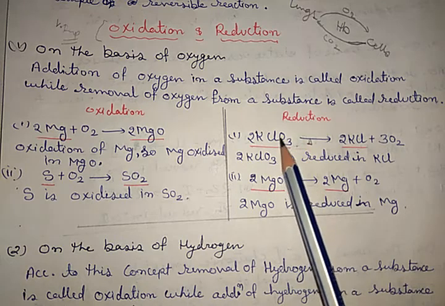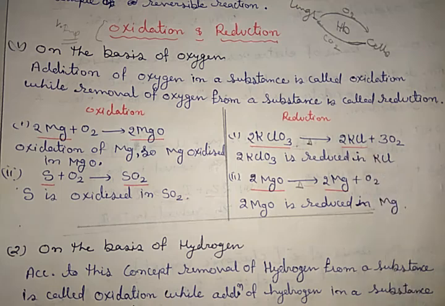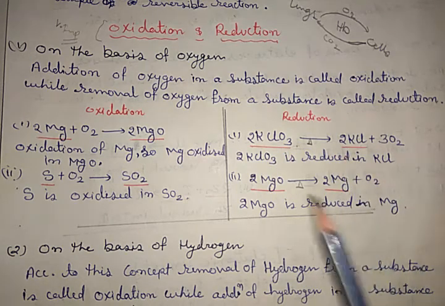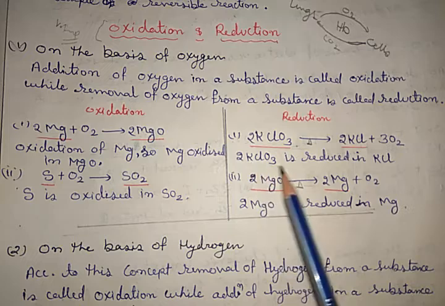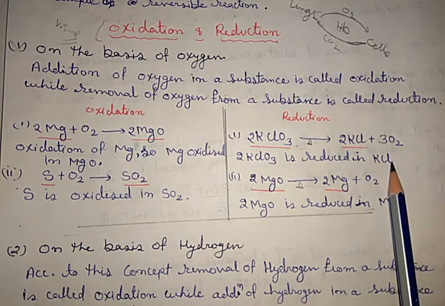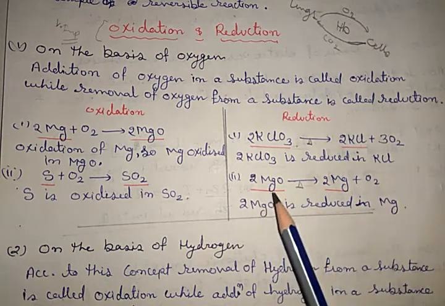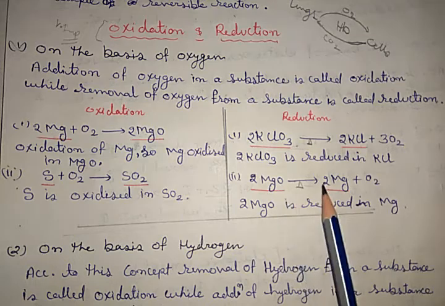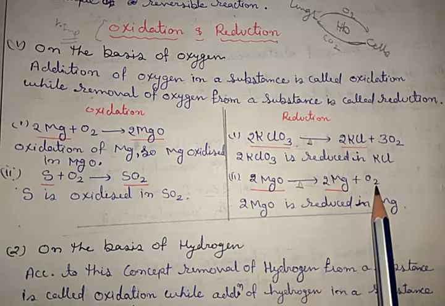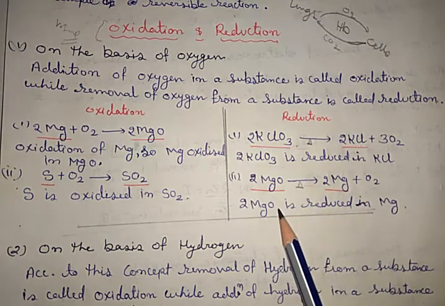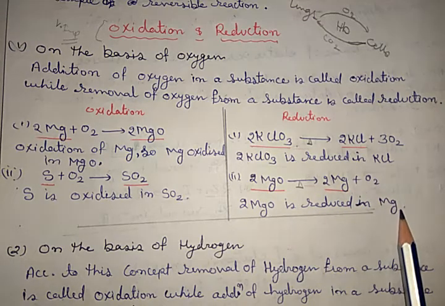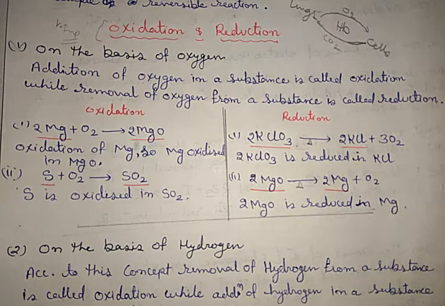Here oxygen was attached, but now oxygen is removed, and you know that removal of oxygen is known as reduction. So 2KClO3, potassium chlorate, is reduced to potassium chloride. Similarly, when magnesium oxide is heated, it releases oxygen, so we can say that magnesium oxide is reduced to magnesium.